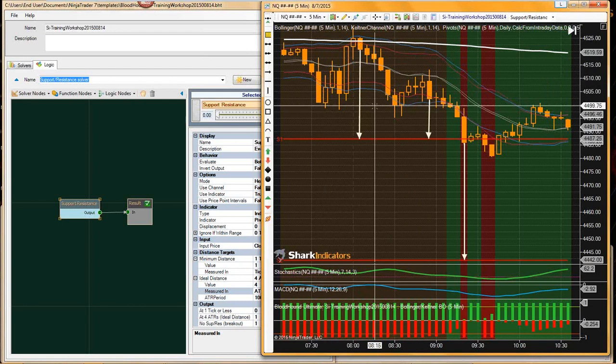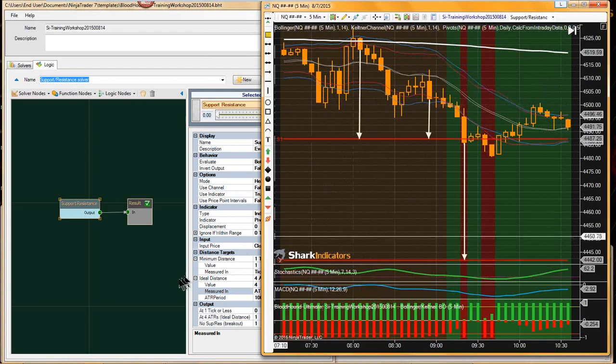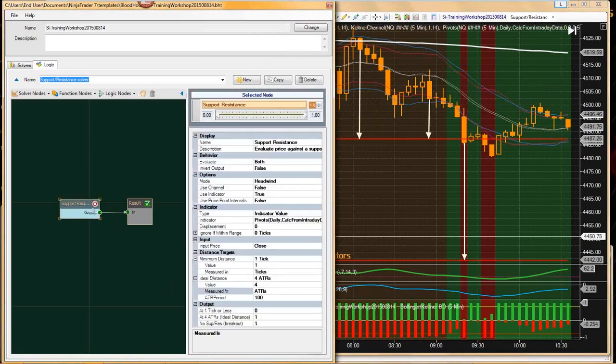So if the market gets more volatile, using an ATR as your distance adjusts your distance requirements dynamically as the volatility picks up within the instrument.